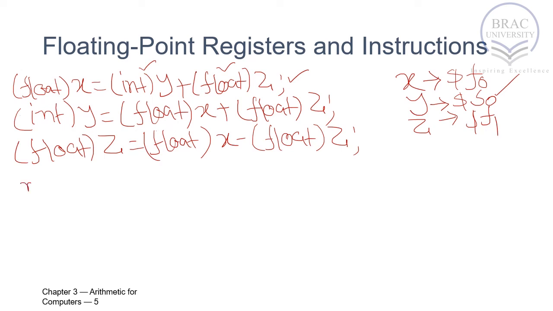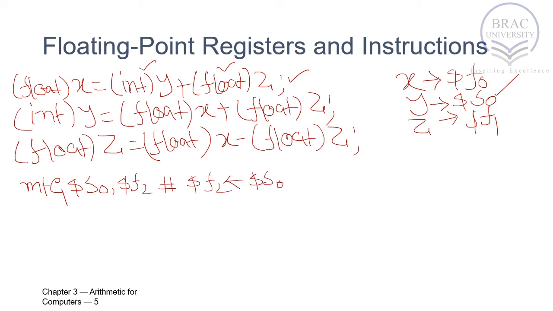So move to C1, and we are transferring the value that is inside the register S0 to, let's say, register F2. So what this means is that now F2 will have whatever we have inside S0.